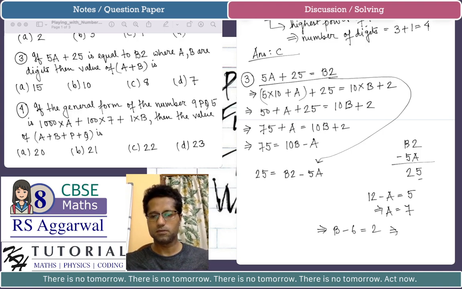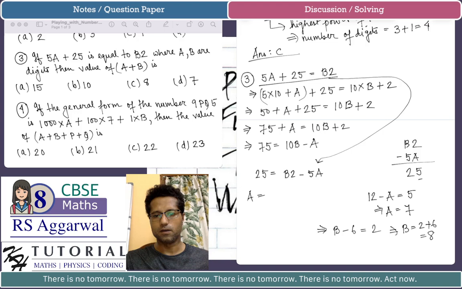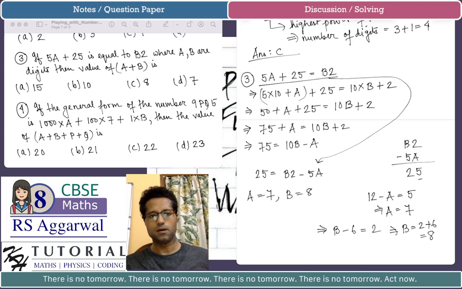This implies B is equal to 2 plus 6, that is 8. So A is equal to 7 and B is equal to 8. Their sum should be 15.